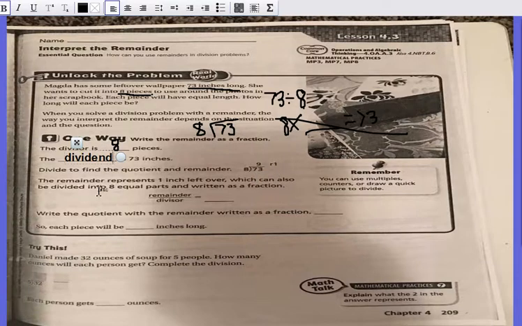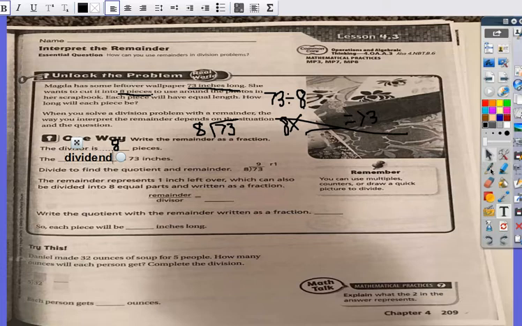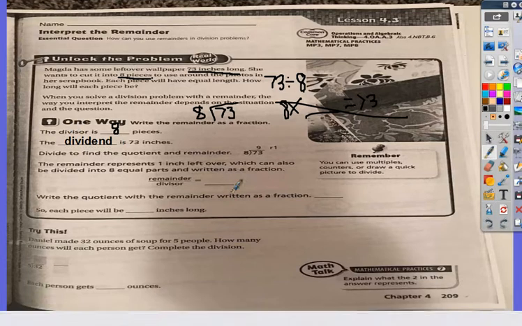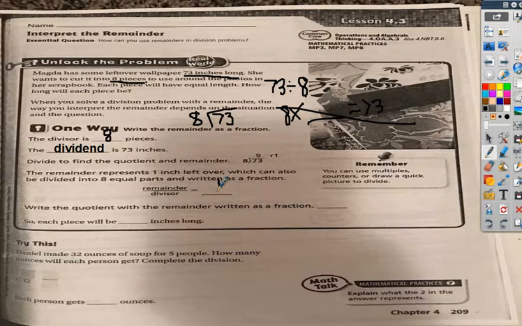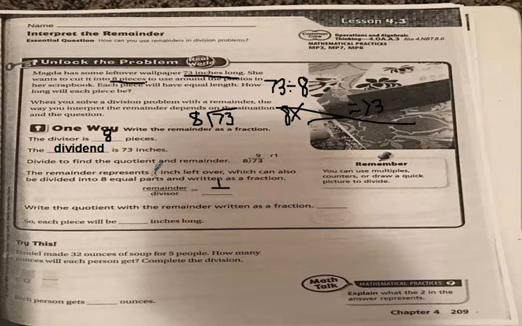The remainder represents 1 inch left over, which can also be divided into 8 equal parts and written as a fraction. So you have your remainder over the divisor. The remainder was 1, and the divisor is 8 pieces. So 1 over 8.